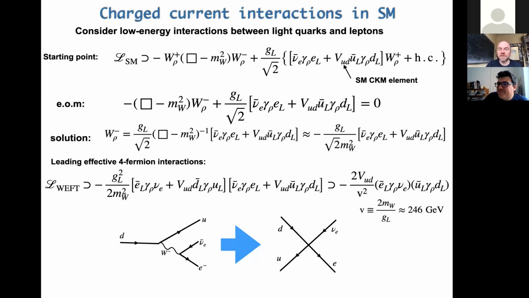But if you integrate out the W boson, all that is left is this contact interaction between the up quark, down quark, electron, and the neutrino, and of course between all different combinations of quarks and leptons as well. So there are many more of them. I will just focus on this small subset of the interactions, which is the up quark, down quark, electron, and neutrino contact interactions.